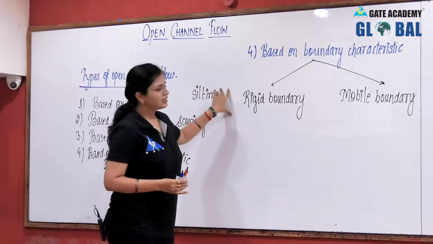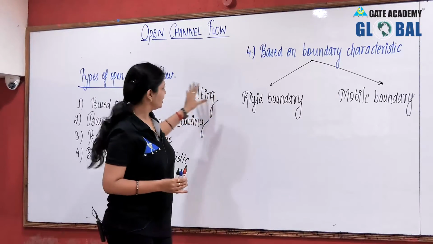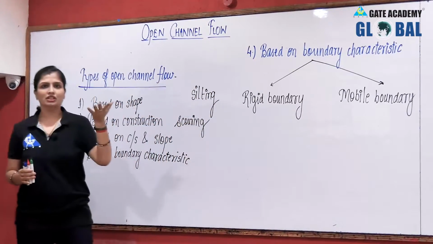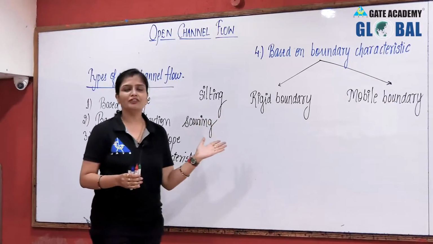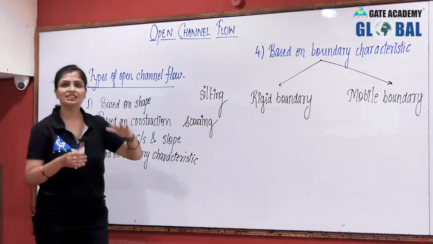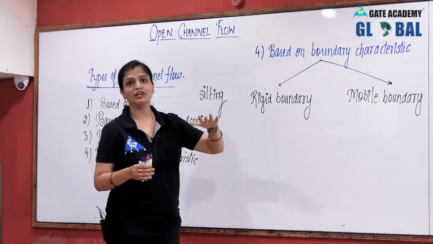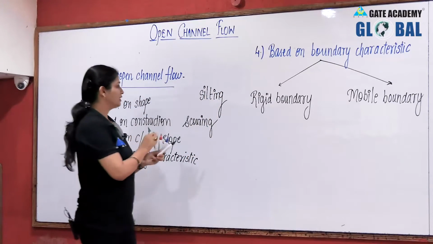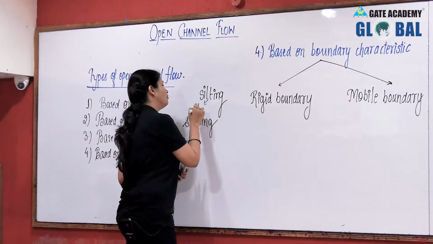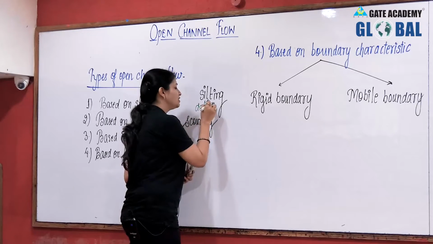Silting is basically deposition. When the flow occurs and carries with it a large amount of silt, and when it flows to other places, it deposits the silt. So we say that at this place silting occurs, deposition occurs. So silting is deposition, while scouring means erosion.